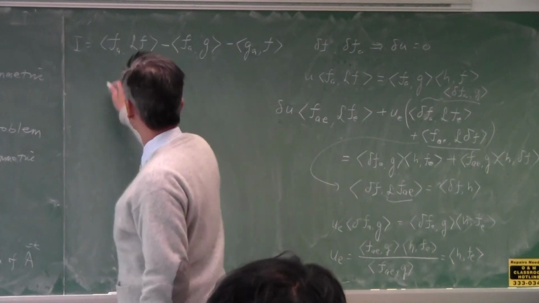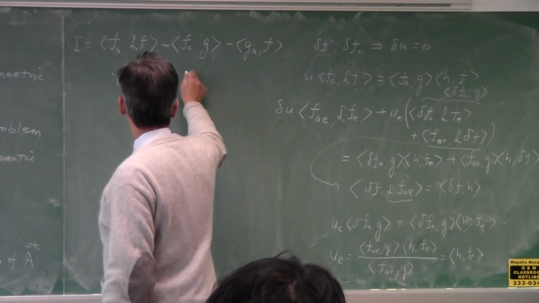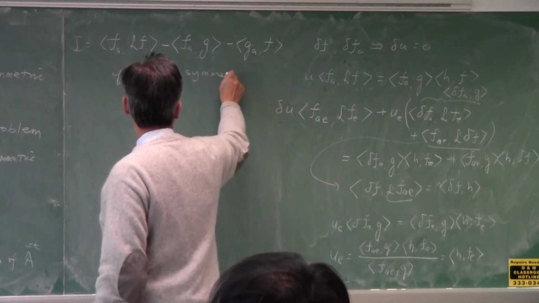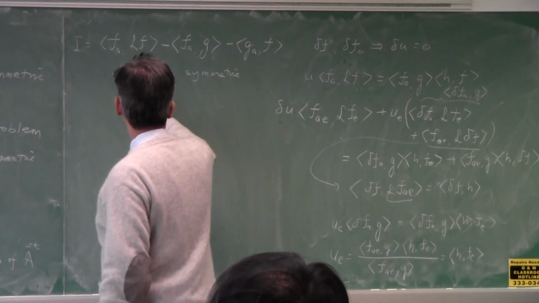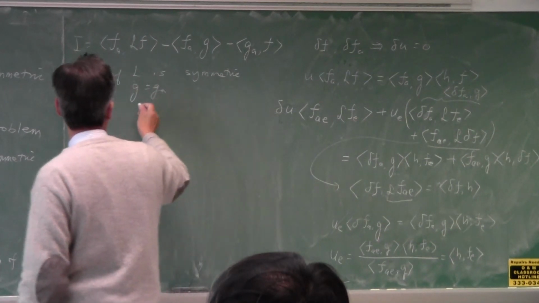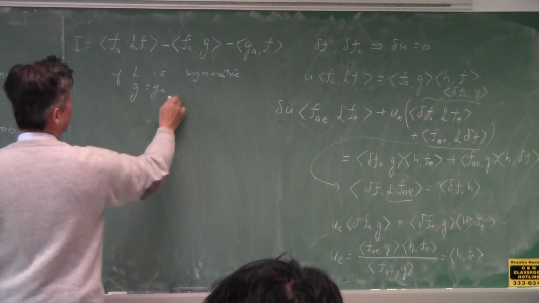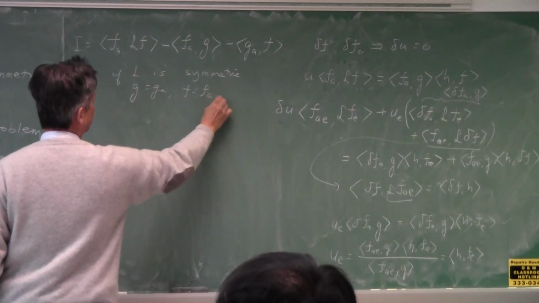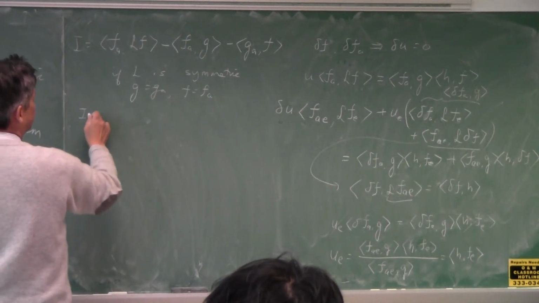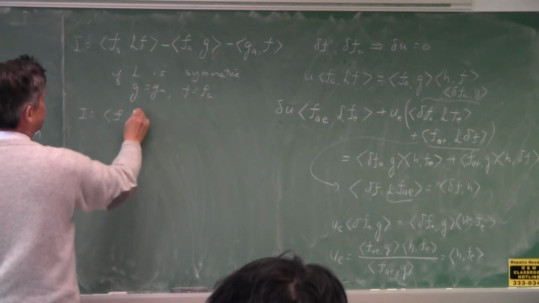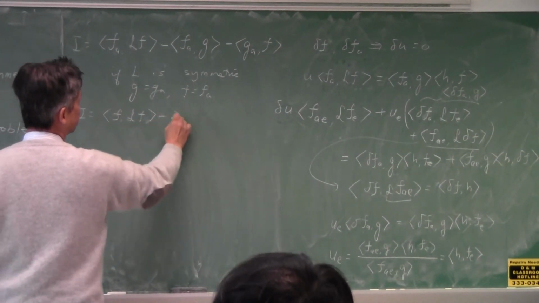If L is symmetric, then we can choose G equals F A. L transpose will be itself, and then this reduces to F equals F A. Then it becomes the functional that we had just studied a while ago.